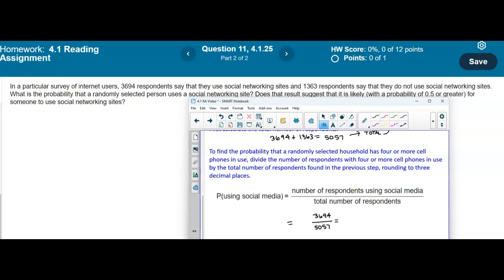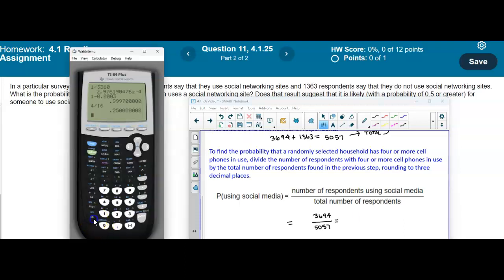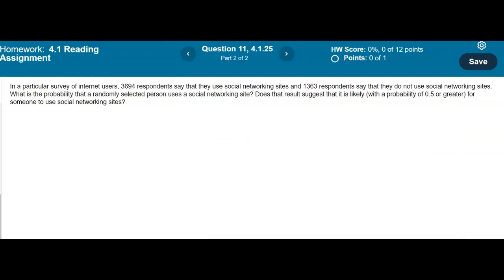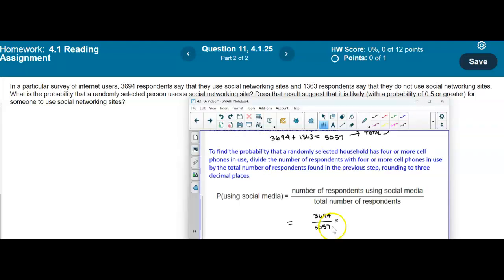So let's go ahead and do that on our calculator. If we take 3,694, divide that by 5,057, that gives us 0.73047. And then they want us to round this to 3 decimal places. So let's go ahead and put in our value.